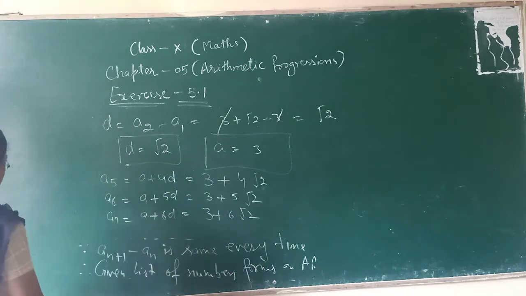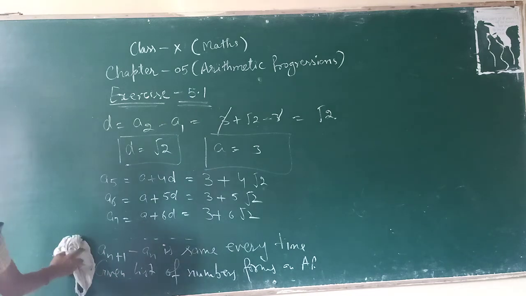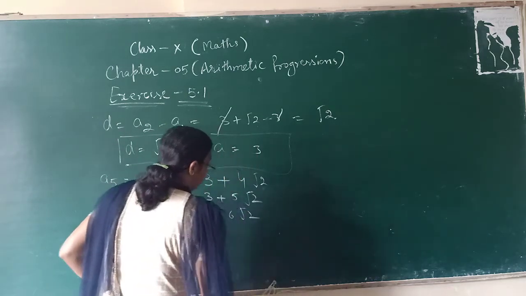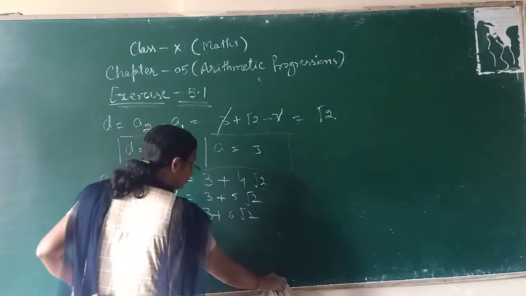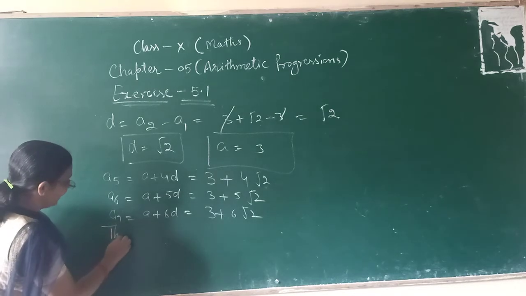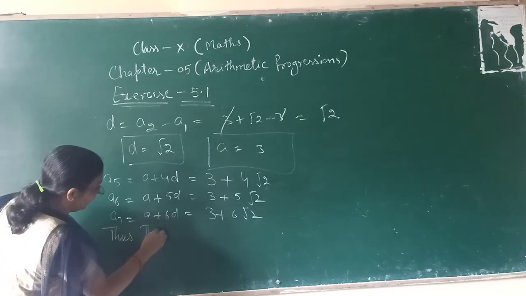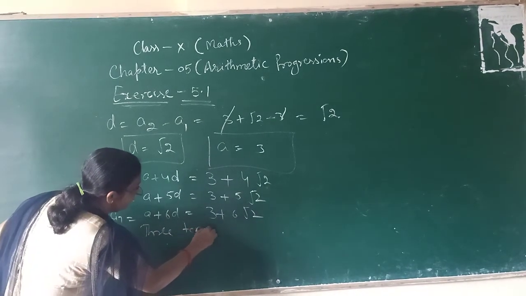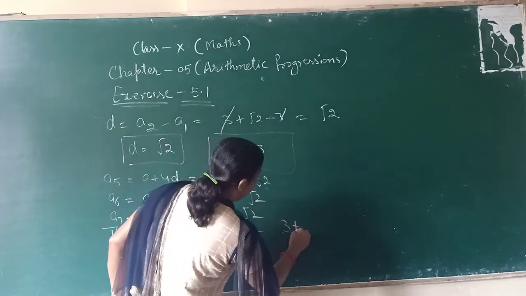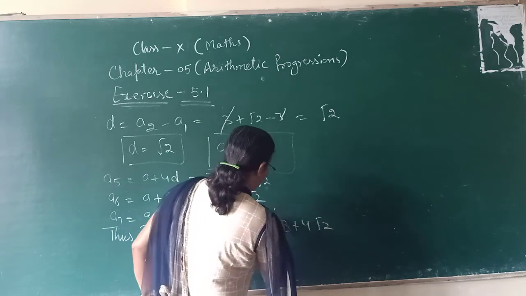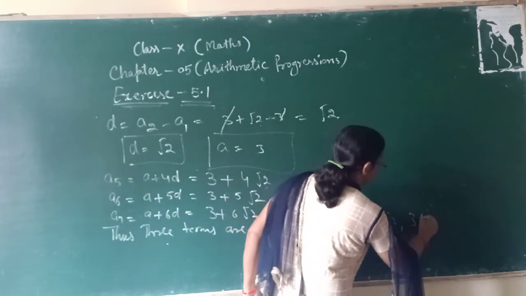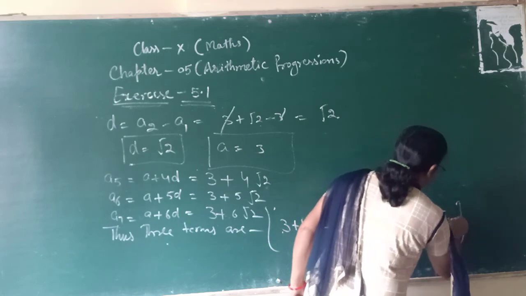Like this, at last we have to say the next 3 terms are: thus the 3 terms are 3 plus 4 root 2, 3 plus 5 root 2, 3 plus 6 root 2. Answer.